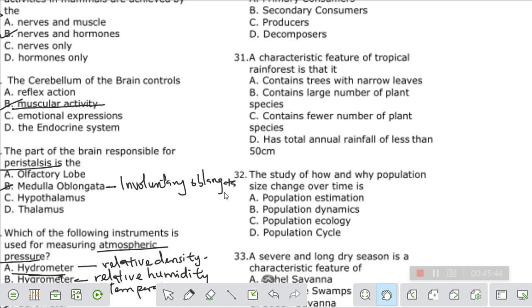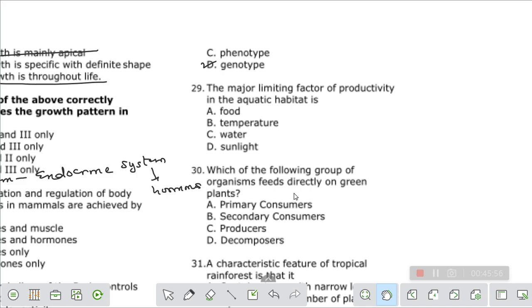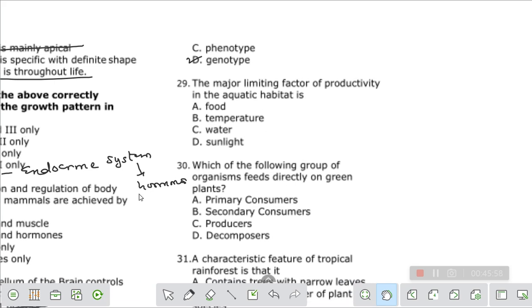Is it the food? Is it temperature? Is it light or sunlight? Is it water? Of course, they shouldn't lack water. We're talking of aquatic habitats here.